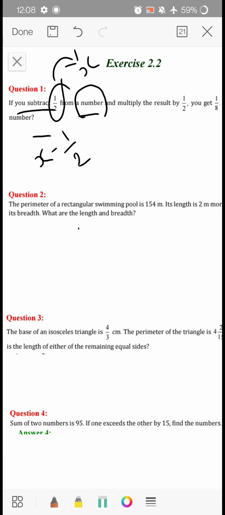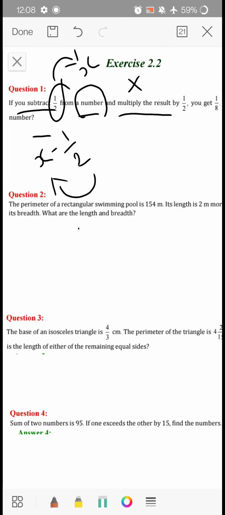Okay, you are subtracting 1/2 from a number, so it will be x minus 1/2, and multiply the result, means now you are going with the operation of multiplication. So this is the sign of multiplication.